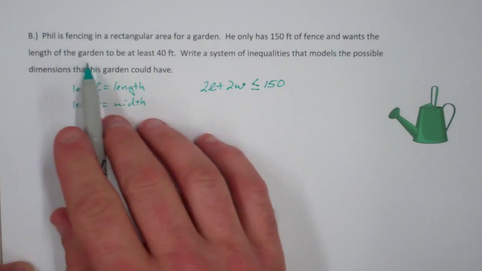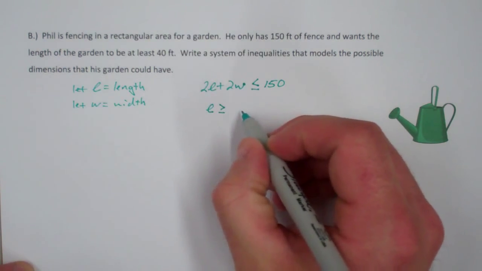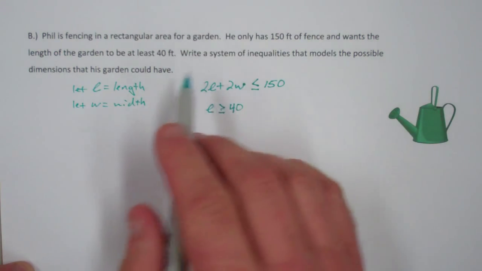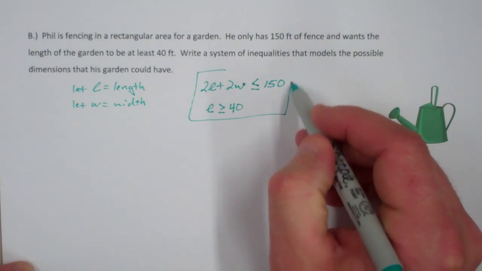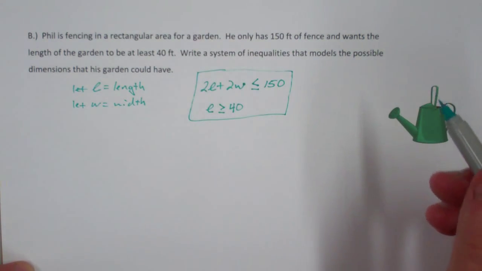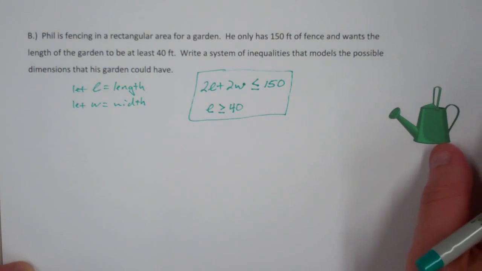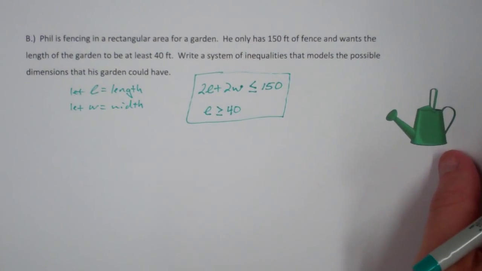Also, he wants the length of the garden to be at least 40 feet. So L could be greater than or equal to 40 feet. That covers our statement right here. So really these are the only two that we need for this. Remember, the instructions were to write the system of inequalities that models each situation.